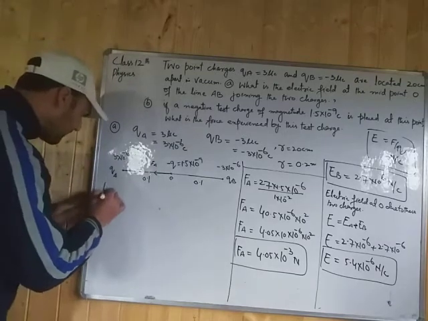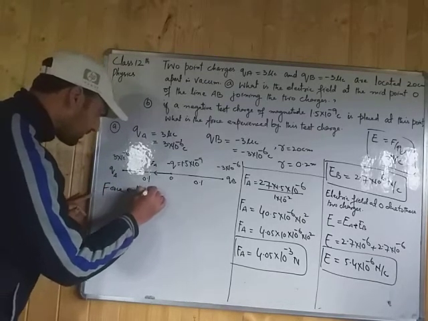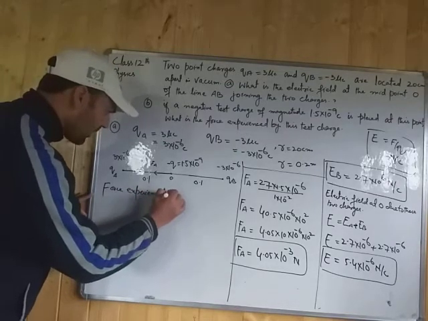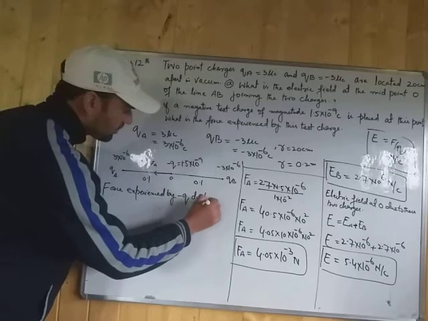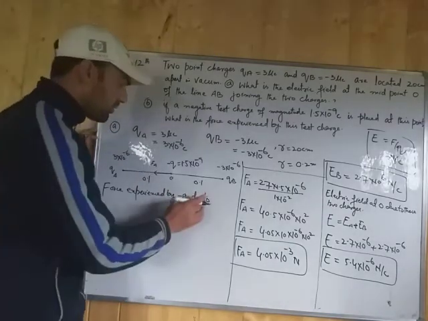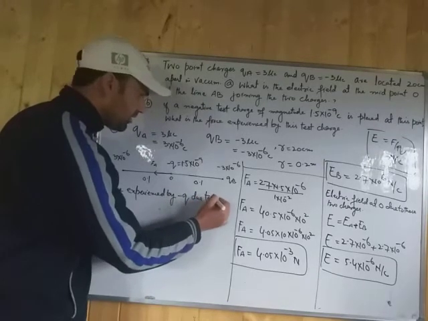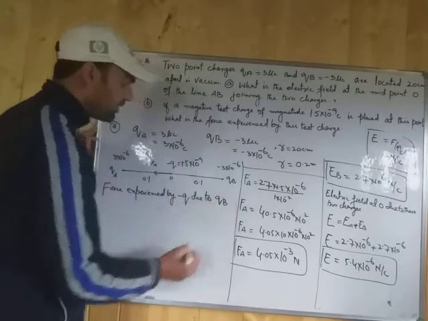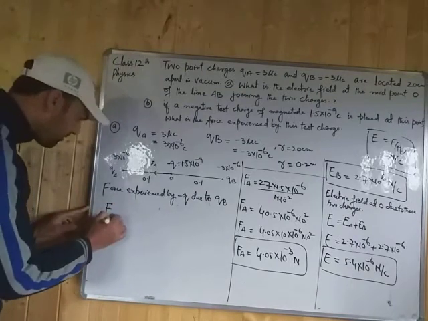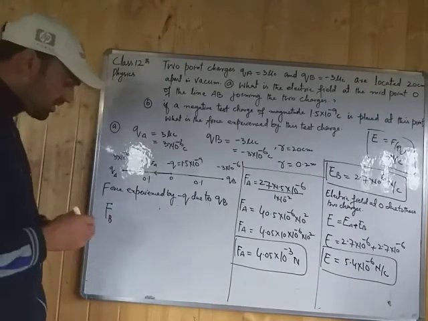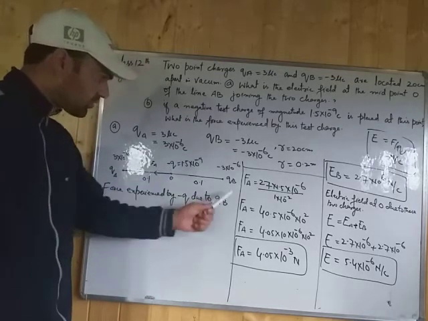Force experienced by minus q due to qb. So I will write it as fb. That means force experienced by this test negative charge due to qb.